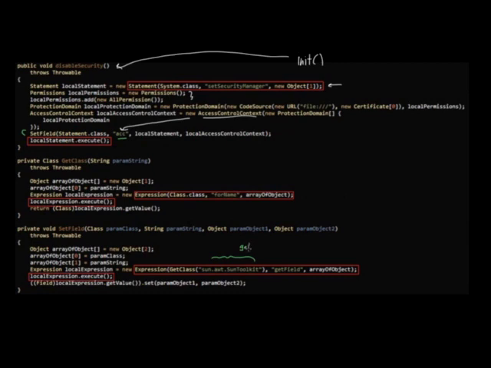Within getField, there's something known as a doPrivileged block. It turns out you can manipulate how getField is called, and when done appropriately, you can access and modify the access control context within getField.